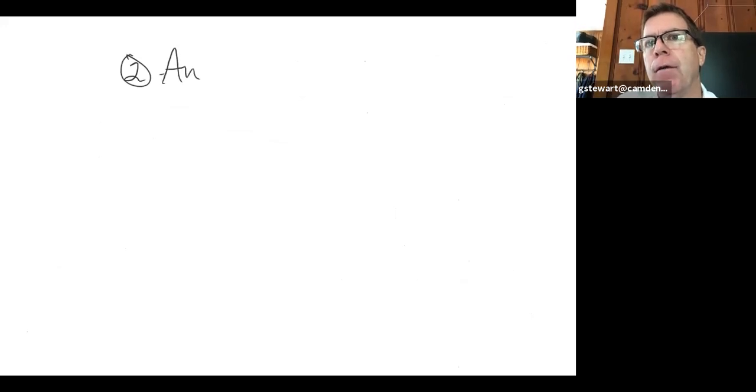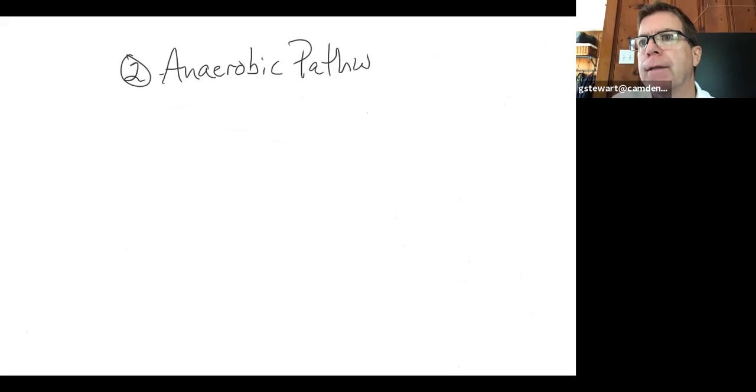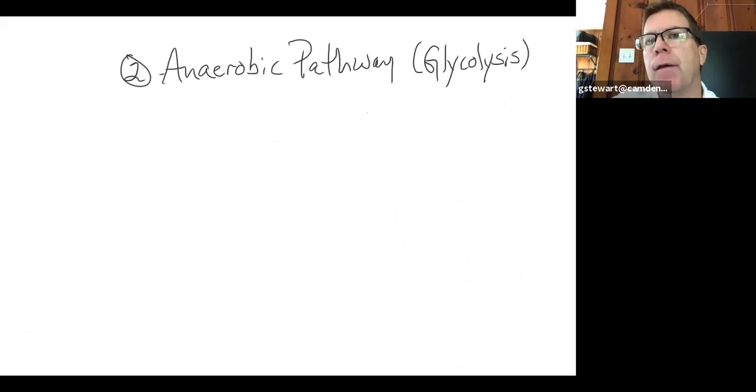The second thing a muscle cell does to regenerate or make new ATP is called the anaerobic pathway, even though direct phosphorylation was anaerobic too. You learned it in Bio 1 as glycolysis. I don't have time to go through the whole glycolytic pathway.